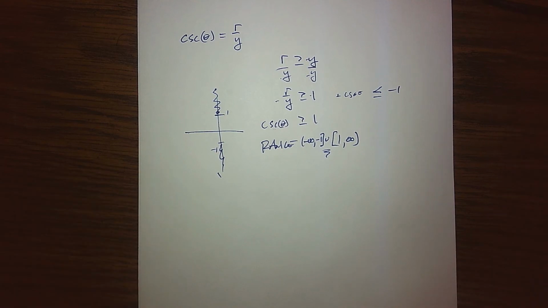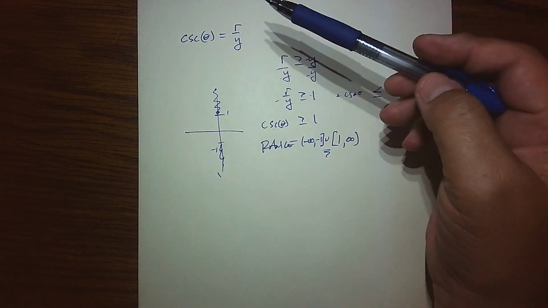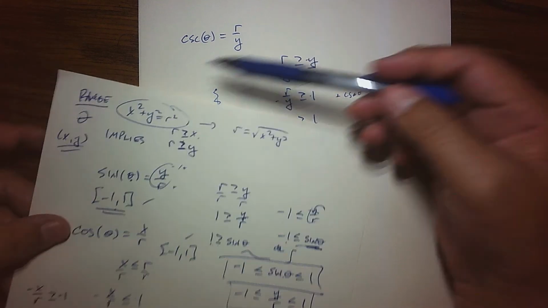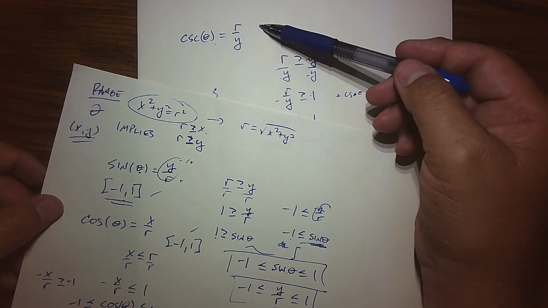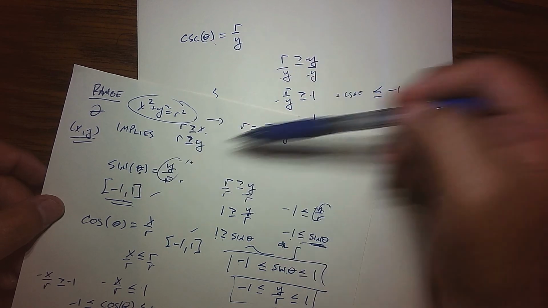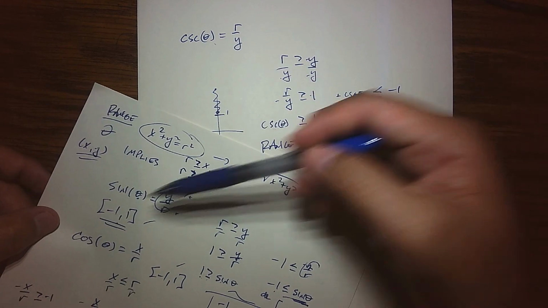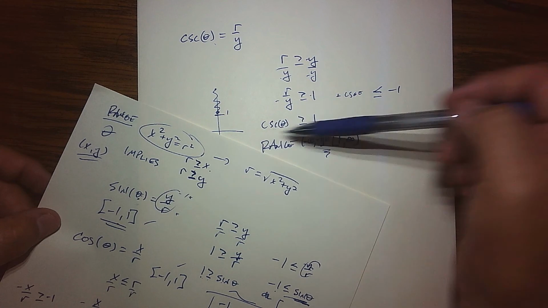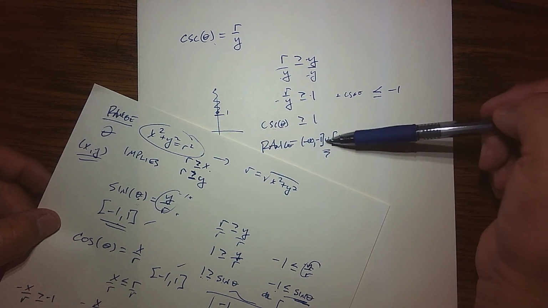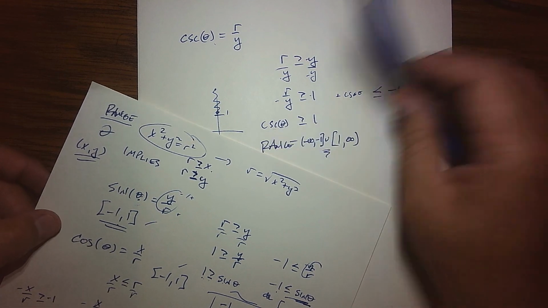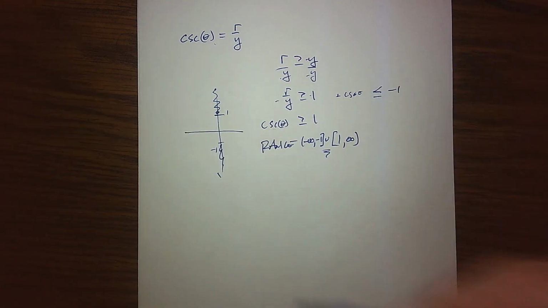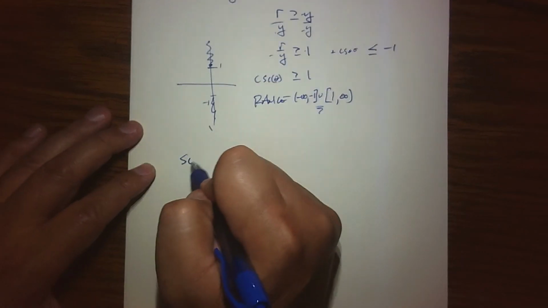And that shouldn't surprise us, because I think I've alluded to the fact that sine and cosecant are reciprocals of each other. And you can kind of see their ranges are almost reciprocals of each other. What the output for sine is missing from the output for cosecant, and vice versa. It has a lot to do with the reciprocality going on. And of course, we can have the same argument for secant.